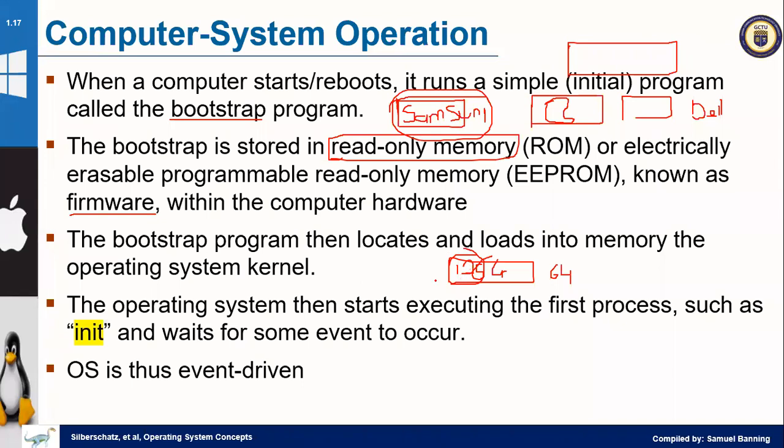When it loads into the main memory, the operating system will begin to execute. The first process the operating system will execute is called the init. So if you are using a computer, for example, you will see Dell or HP on the screen for some time, and then you see Windows 10. By that time, the bootstrap has copied Windows into the main memory, and Windows 10 has begun executing the init process.